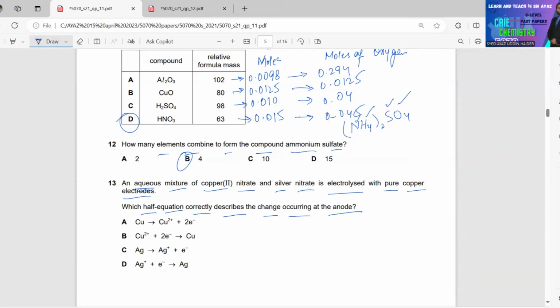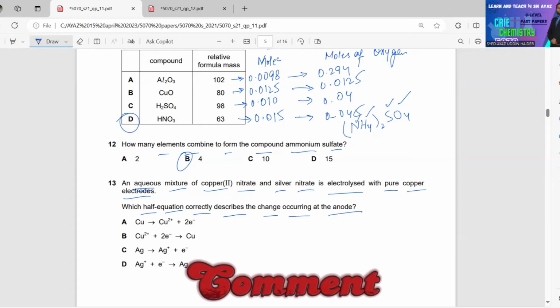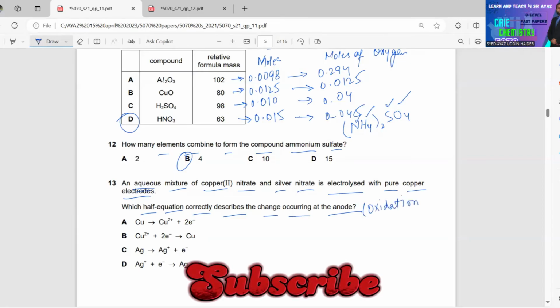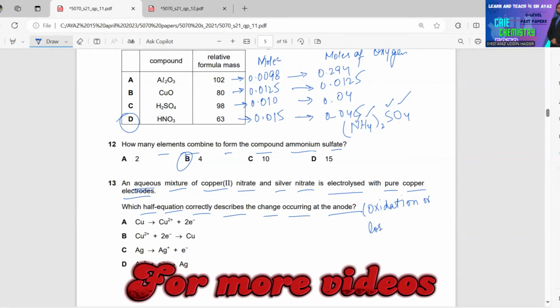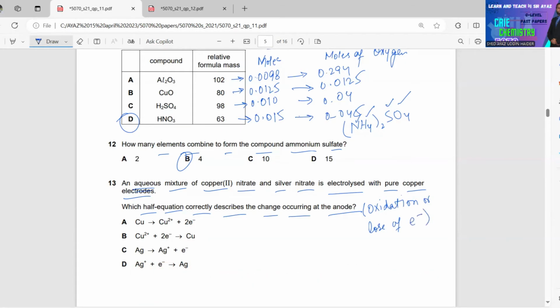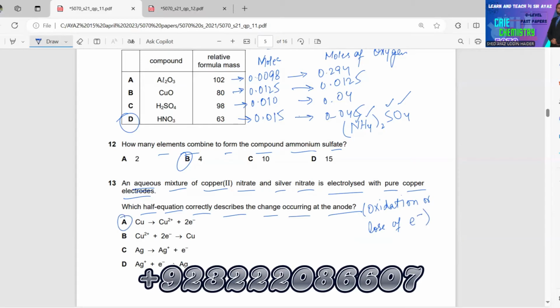Instead, copper will lose electron. You have pure copper electrodes, so copper will lose electron at anode. You know that at anode there will be oxidation, which means loss of electrons. So A must be the right answer for this question.